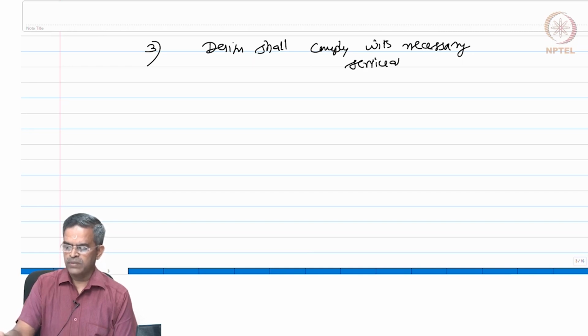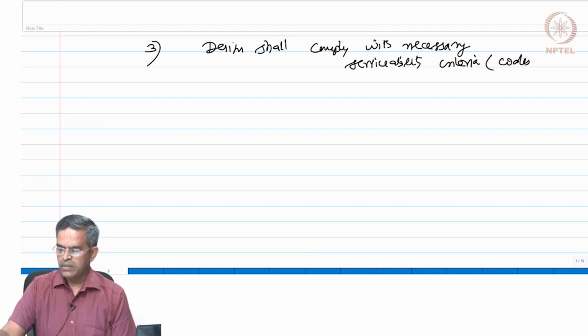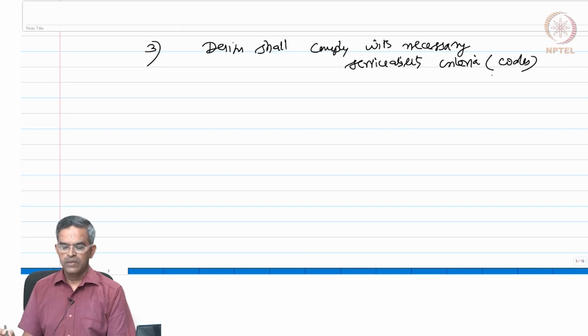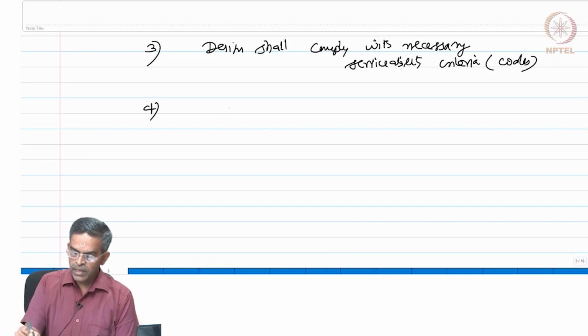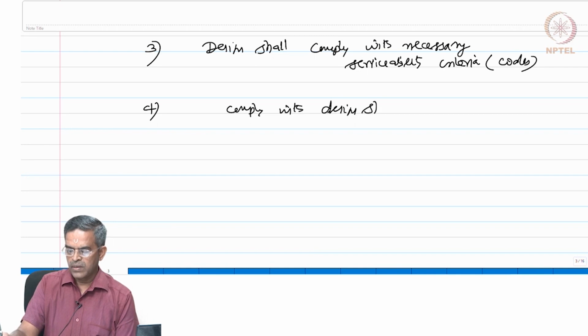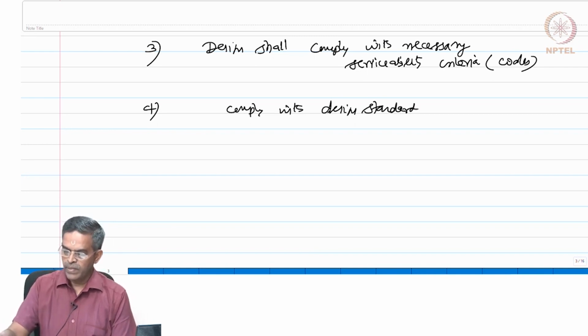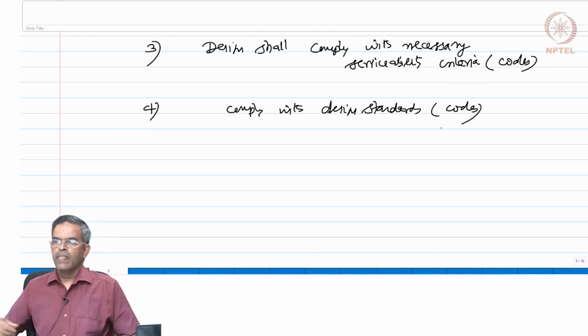That is very important, as stipulated by the design codes. The fourth could be it should comply anyway with the design standards, as imposed by the codes. Okay.